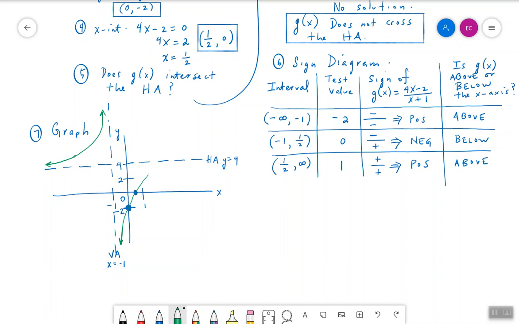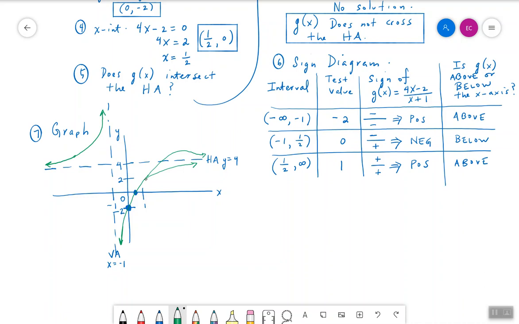Two ways to do that. We could either cross over and then be above, or we could stay below. Which is it? The sign diagram tells us we're above the x-axis. Of course we're above the x-axis because we're near 4, right? Are we above 4 or below 4?